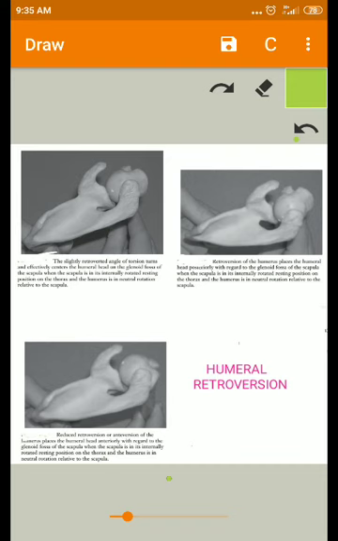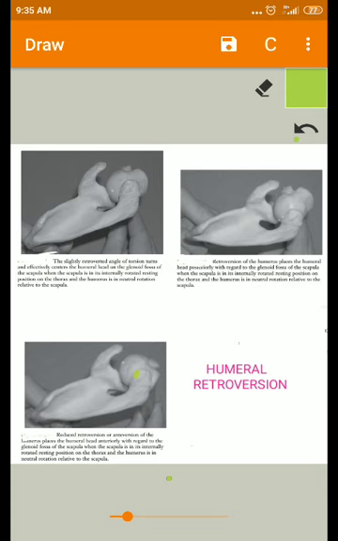So this is about the increased humeral retroversion angle. Now when you come to reduced retroversion cases, in the case of reduced retroversion or antiversion, the humerus places the humeral head anteriorly. Normally the humeral head has to face posteriorly.